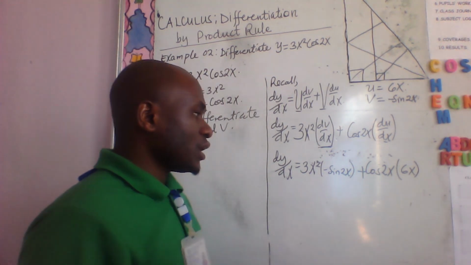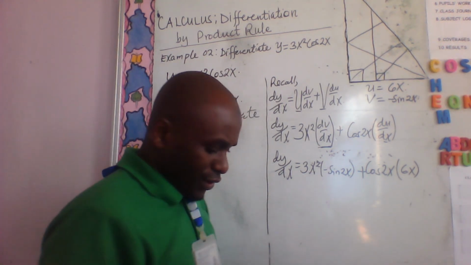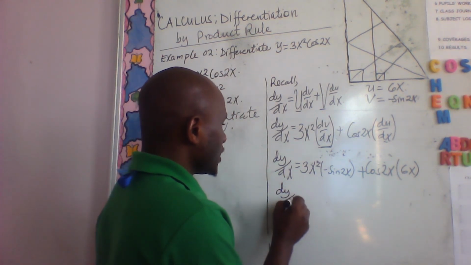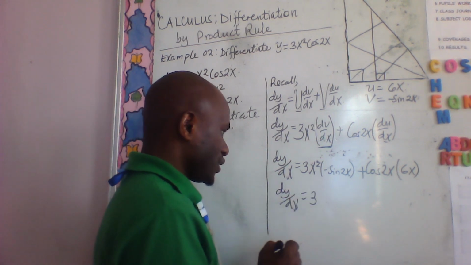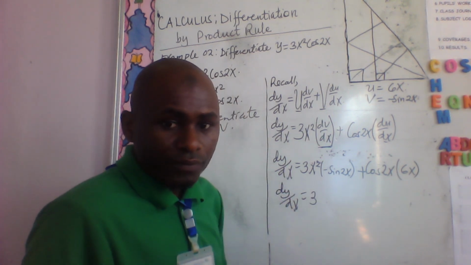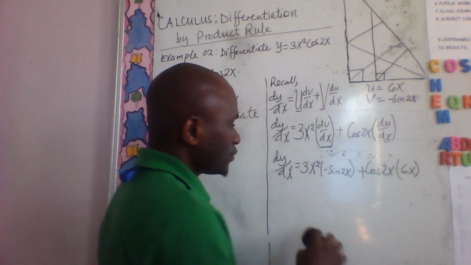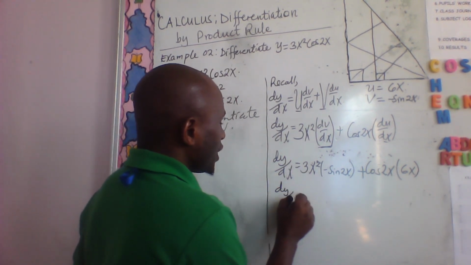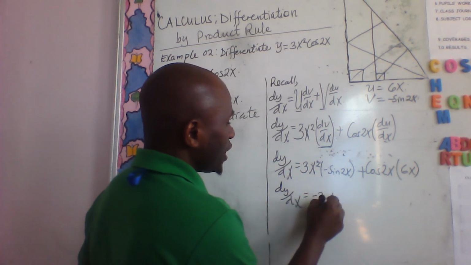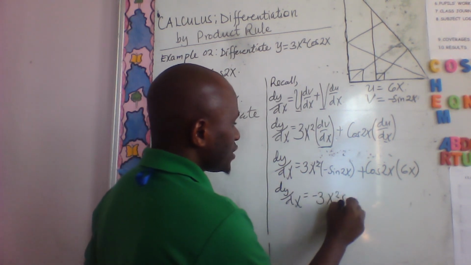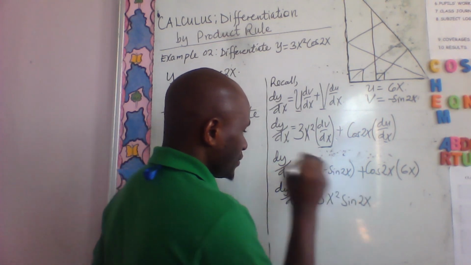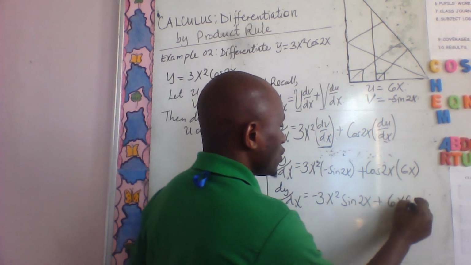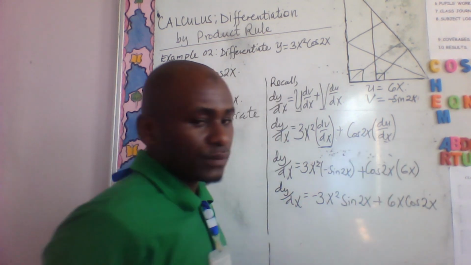So we are proceeding until we wind up our mathematical operations. So dy over dx here is equal to negative 3x power 2 sine 2x plus 6x cos 2x.